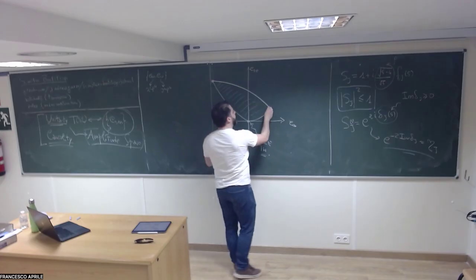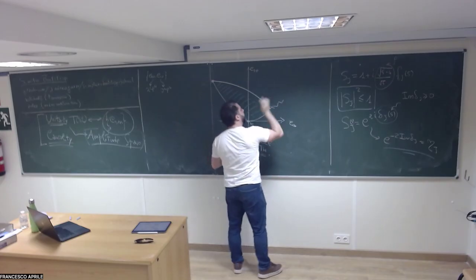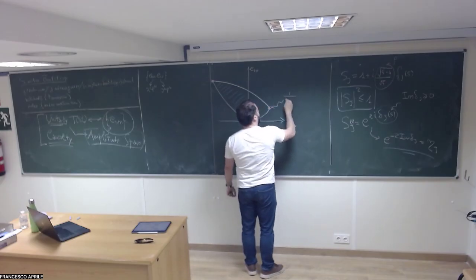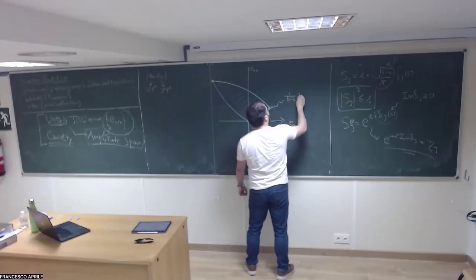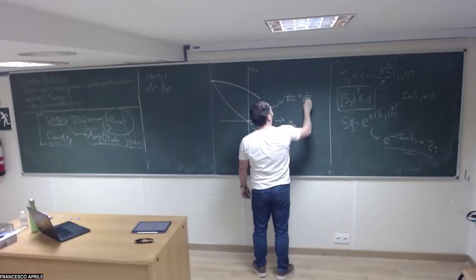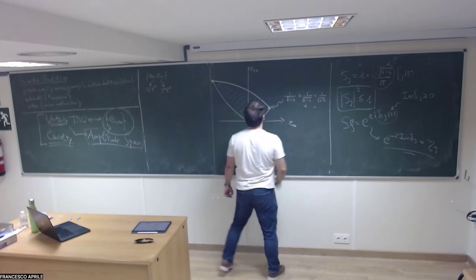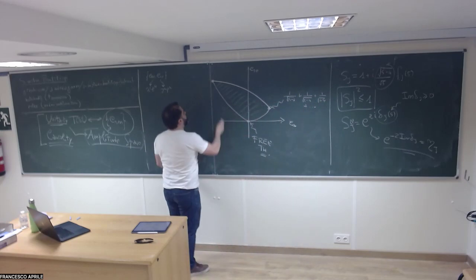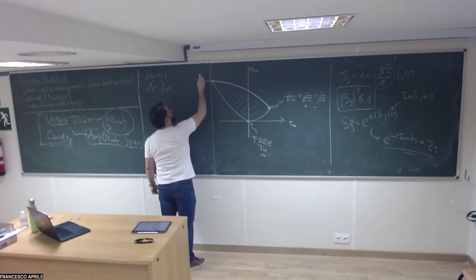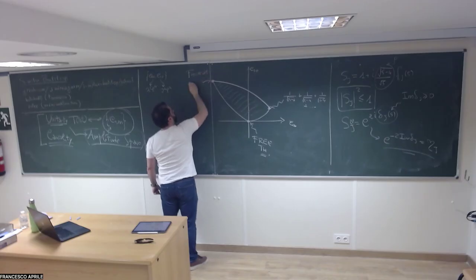Then here you have a theory which can be approximated by something that we call a threshold bound state. This is something like 1 over square root of s minus 4, plus 1 over square root of u minus 4, plus dot dot dot. And here in this cusp, you have something that we call the Frost amplitude. And this is the most interacting amplitude you can find in this space.